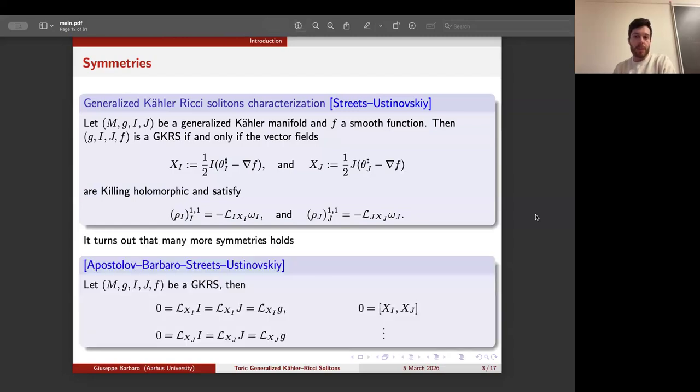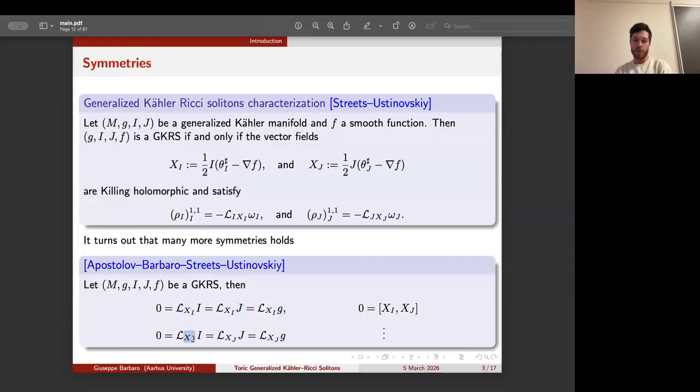Now, very interesting, this gives some symmetry of all your generalized Kähler structure. So what we could prove is that if you actually have a generalized Kähler-Ricci soliton, then the vector field xi is not just holomorphic and Killing, but it also preserves the other complex structure.